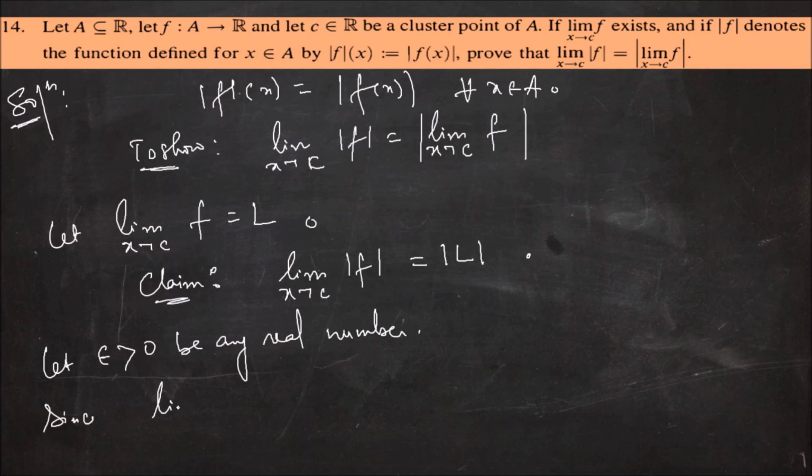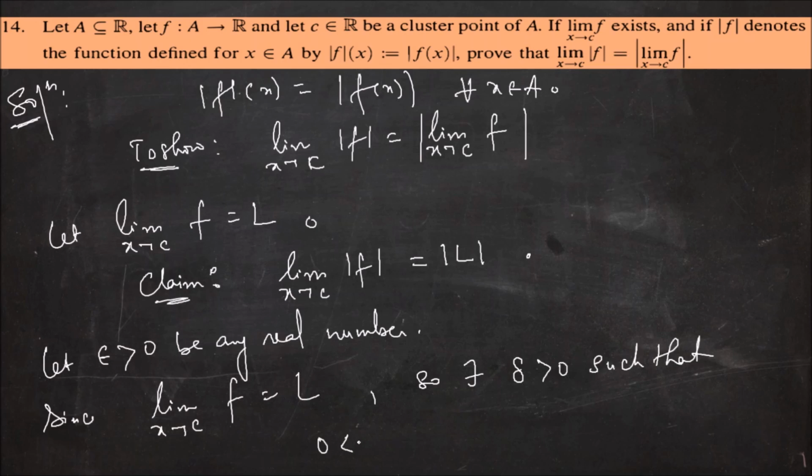Since limit x tends to c f is equal to L, there exists delta greater than 0 such that 0 less than mod x minus c less than delta implies mod fx minus L is less than epsilon. So this is our star.